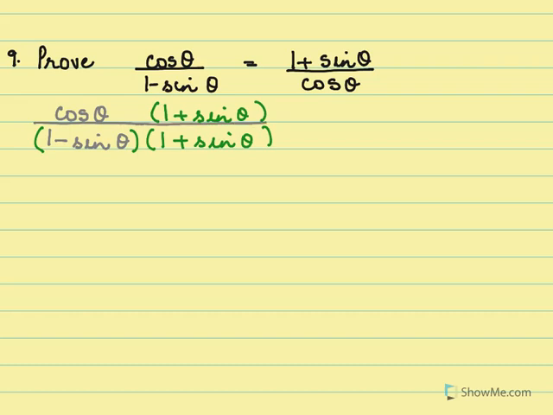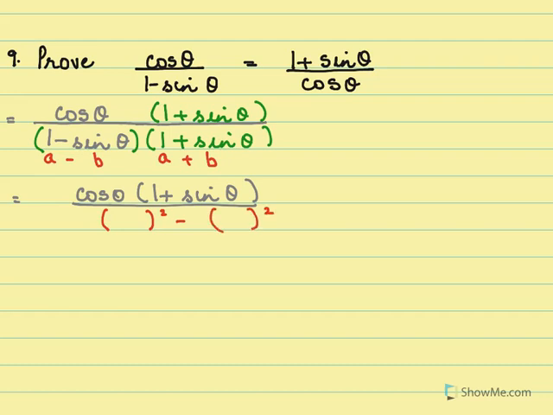So I've multiplied numerator and denominator by 1 plus sin theta. You have to write this in your reasons. So now in the numerator, I have cos theta, 1 plus sin theta. In the denominator, I have a plus b, a minus b, and that you know is a square minus b square.